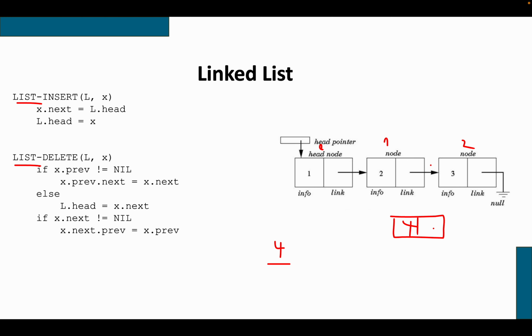Now, how does list insert work? First of all, it deletes the previous pointer of 2, and then it changes it, and 2 will point to our new value 4, and then we define the pointer of value 4 to point to value 3.